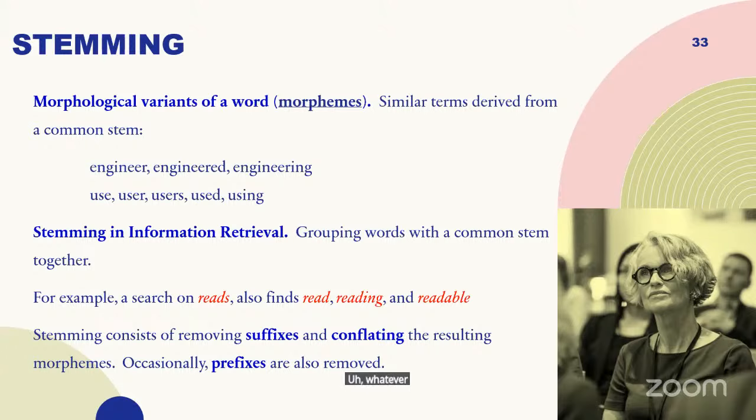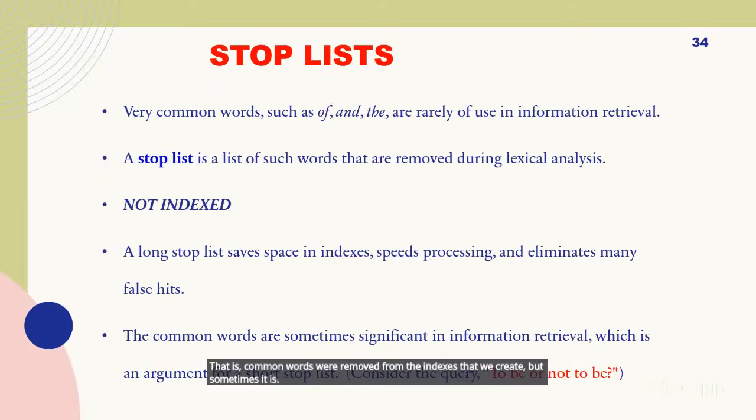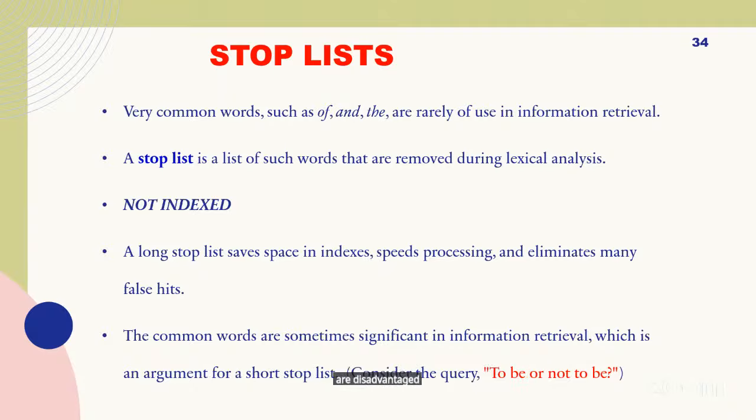Whatever suffixes are given, it will be considered as only one word, the basic word. That is stemming. Then we have stop list, that is common words are removed from the indexes that we create. But sometimes it is a disadvantage. When the stop list is a very long list, it is a disadvantage.